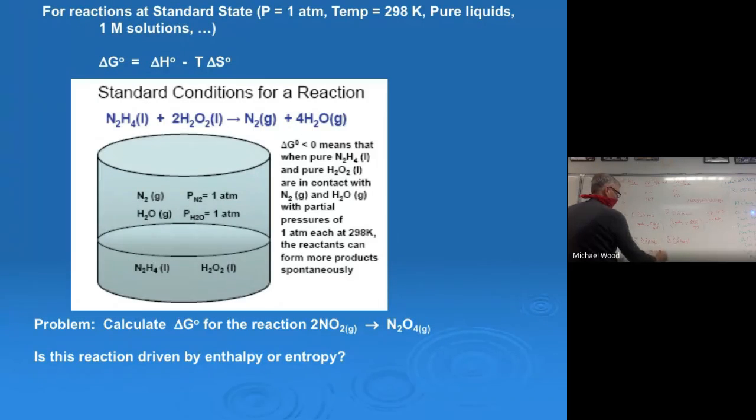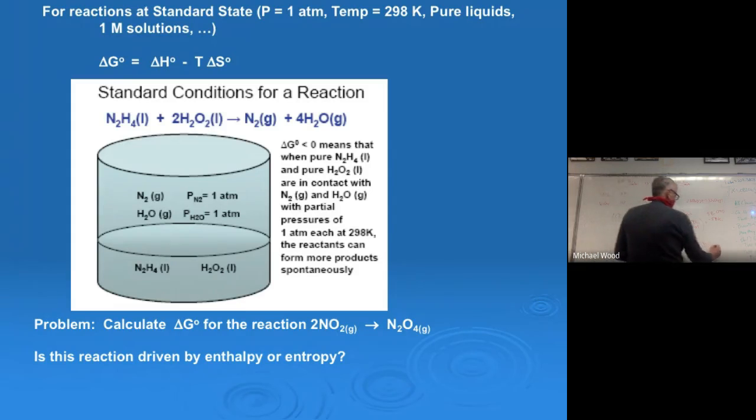The units are important here. Okay, and then I have 2 moles. What I get here then is negative 176 joules per Kelvin.